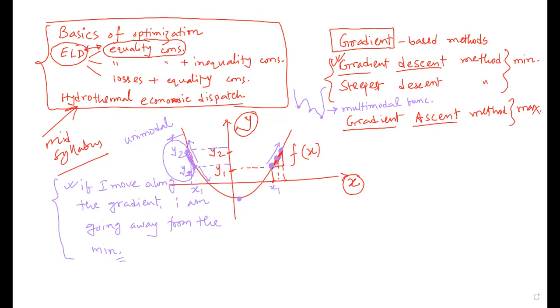And my target is finding the minimum of that function, specifically a unimodal function, unique minima, where global as well as local are the same. Then if I have to find the minima, I have to go against my gradient. I have to go against my gradient.